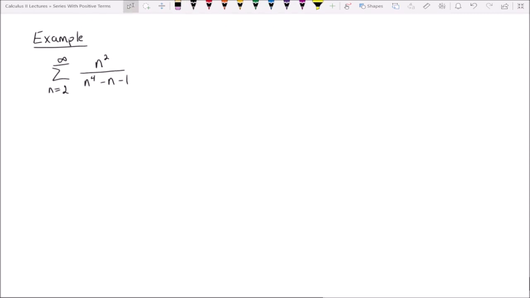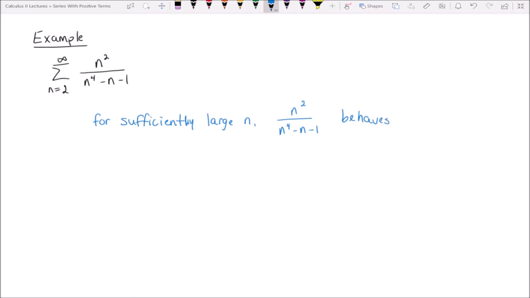Now, for very large n, notice that this term, n squared over n to the 4th minus n minus 1, behaves like n squared over n to the 4th, which is just 1 over n squared.